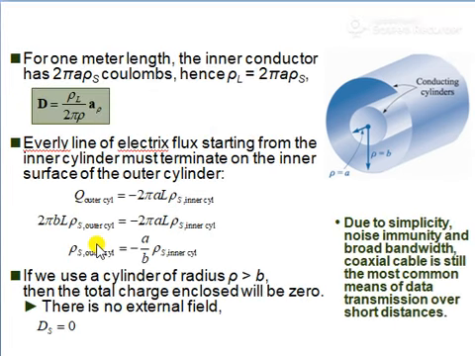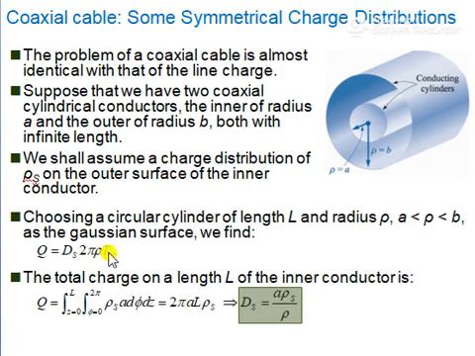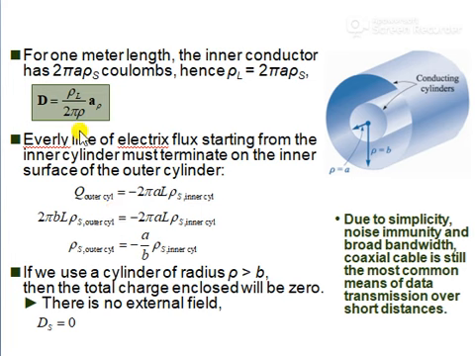After deriving the value of Q, we got the value of D rho in terms of rho, and you can get this equation. So Q for the outer cylinder, that is, the inner surface of the outer cylinder, we'll get this equation.